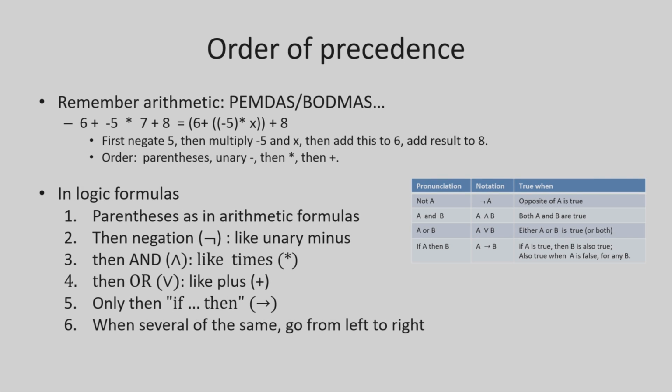The or behaves more like the plus. After you're done with that, you have if-then, which has even lower precedence than or. So just like you would do all your times before you do your pluses, you will do all your ors and ands and negations before you will do the implication. And when you have several of the same thing, you will go from left to right, again, just like in arithmetic.